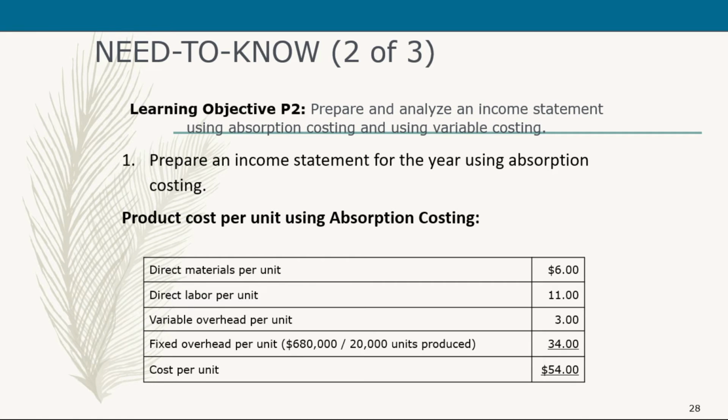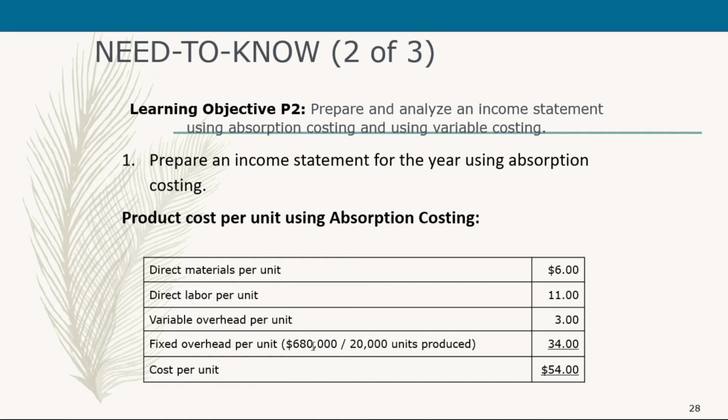So remember that under absorption costing, we add all the variable cost and fixed cost. In the variable cost, we add your direct materials per unit, your direct labor per unit, your variable overhead per unit, and your fixed overhead per unit.